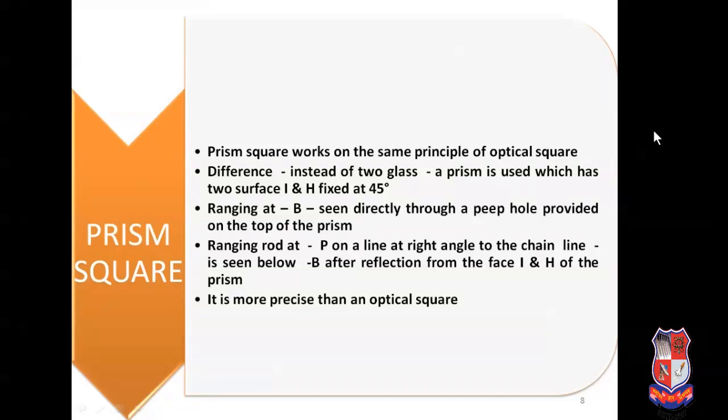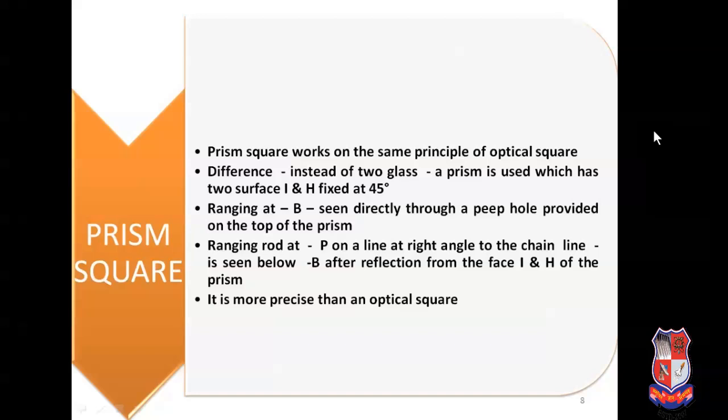The only difference between the prism square and the optical square is that instead of two glasses, as we are seeing in the optical square, H glass and I glass, which are fixed at 45 degrees, here in a prism square a prism is provided which has two surfaces, I and H, which are fixed at 45 degrees. Both these surfaces I and H in the prism square are silver surfaces, meaning reflecting surfaces.